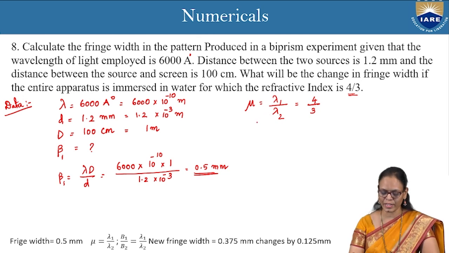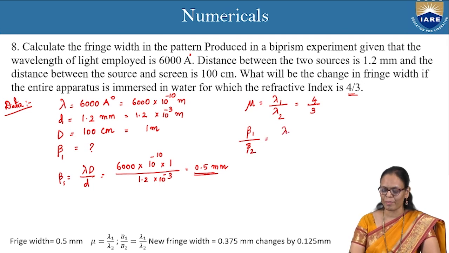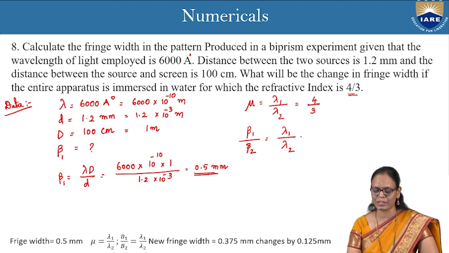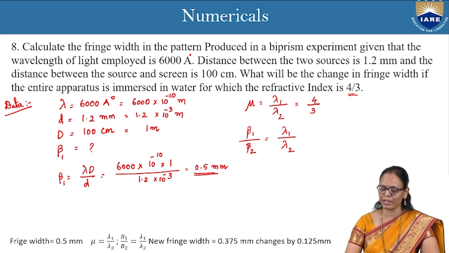Now we'll try to get the relationship between the wavelength and the fringe width. Beta 1 by beta 2 will be equal to lambda 1 by lambda 2 because small d and capital D remain the same. We want to calculate beta 2, that is the new fringe width. Beta 2 will be equal to lambda 2 by lambda 1 into beta 1.